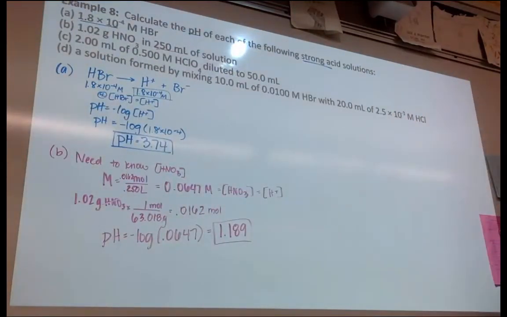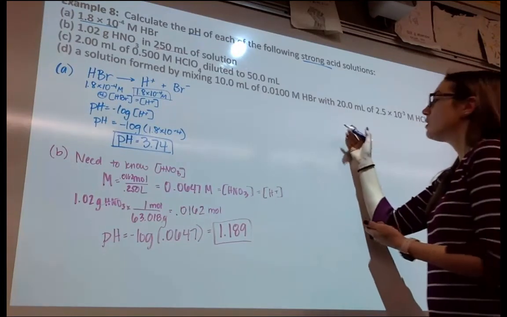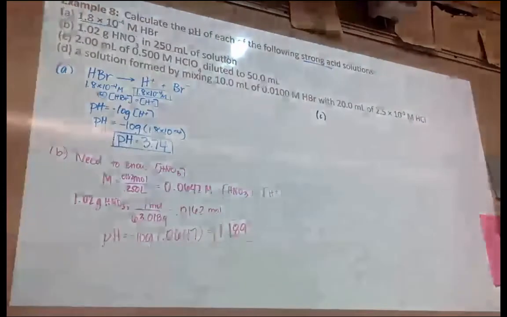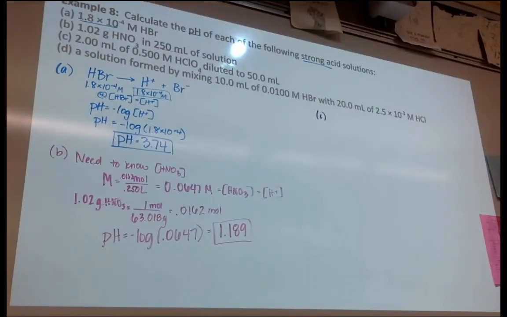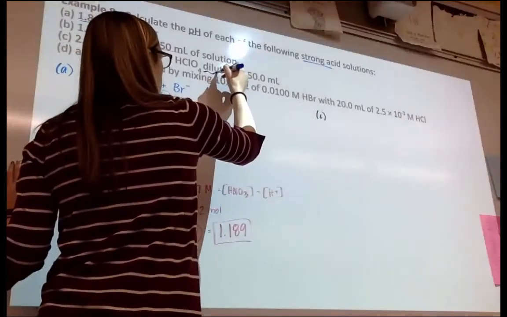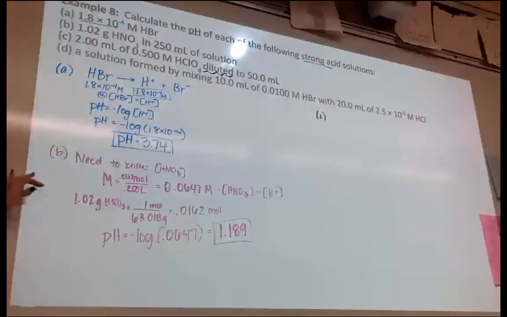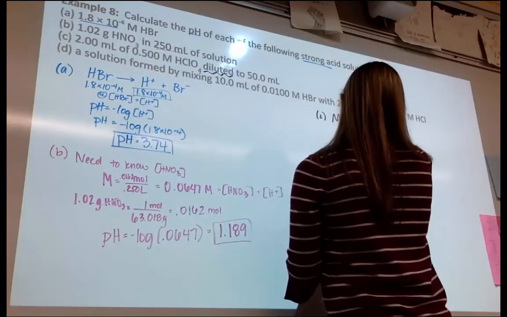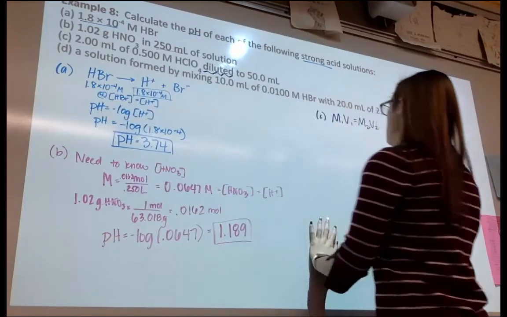Now let's look at part C. Part C says we have 2 milliliters of 0.5 molar HClO4 diluted to 50 milliliters. Key word right here, diluted. What's the dilution formula? M1V1 equals M2V2. This is an equation not on the equation sheet that you also need to know.